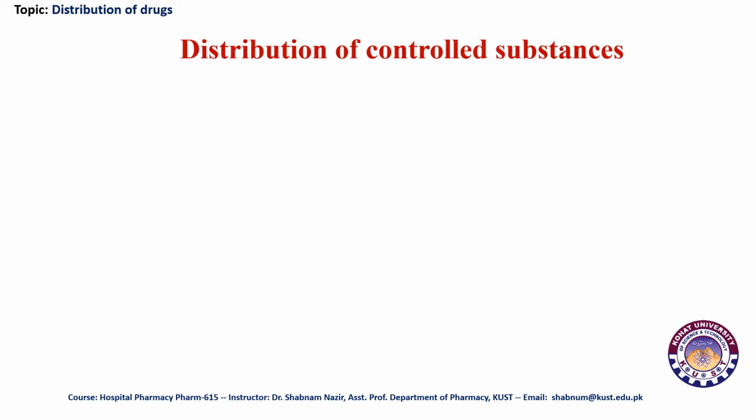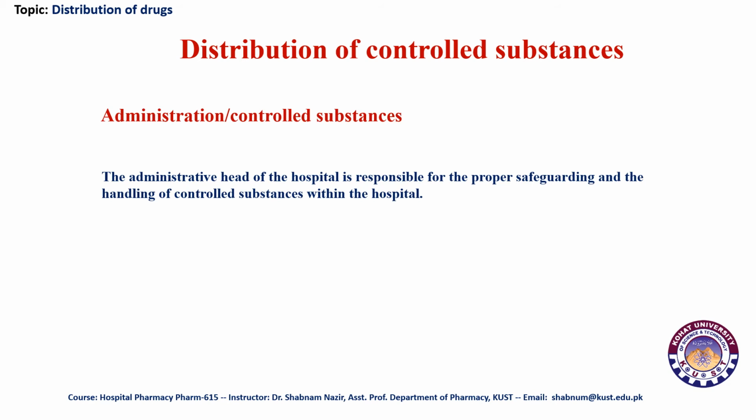Now coming to distribution of controlled substances. Usually the direct responsibility for the proper safeguarding and handling of controlled substances within a hospital is upon the administrative head of the hospital. Safeguarding in a way that it doesn't go into wrong hands and is not exploited, so that the staff doesn't find any chance or position to exploit controlled substances and supply them to wrong people.